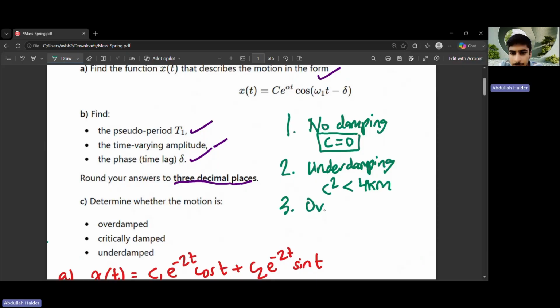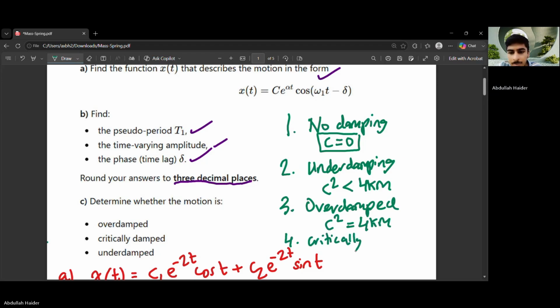Then you have overdamped. This is when c squared is equal to 4km. And finally, the last case, critically damped. In this case, you'll have c squared is greater than 4km.